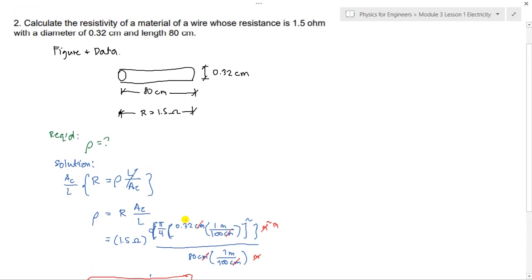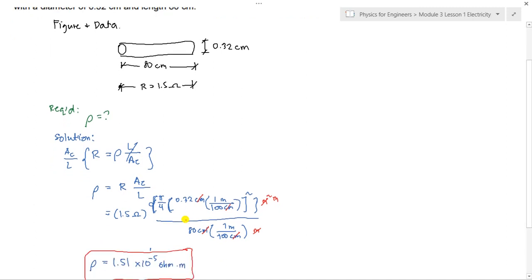Yes, that one. That is 1.5 times 10 raised to negative 5 ohm meter.